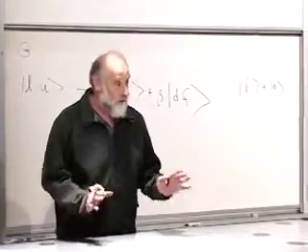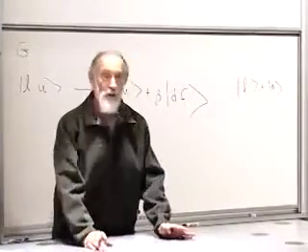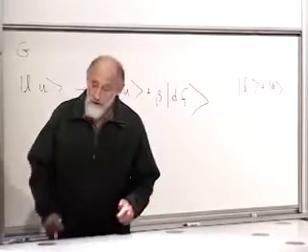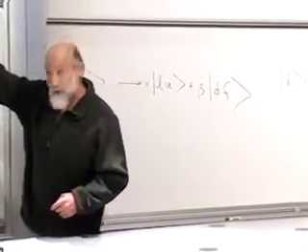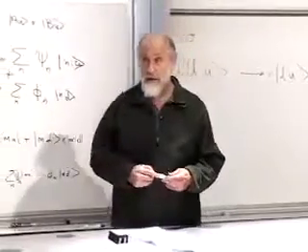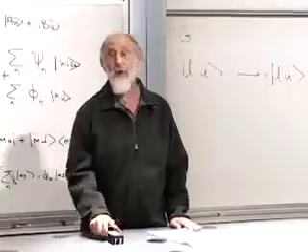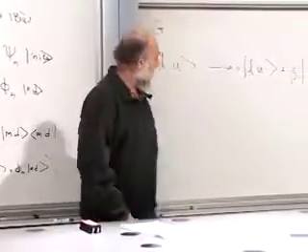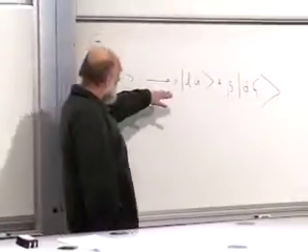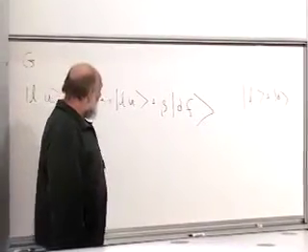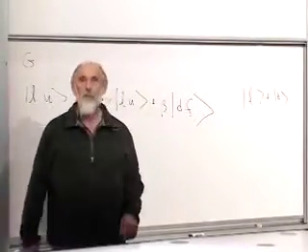The point is you don't have to look at the cat to find out if it's alive or dead. You can look at the gun. So that tells you it was entangled, and it's basically exactly the same mathematics as this. So no, the cat in Schrodinger's experiment is not in a superposition of alive and dead. The composite system is in a superposition of live, unfired, and dead, fired.